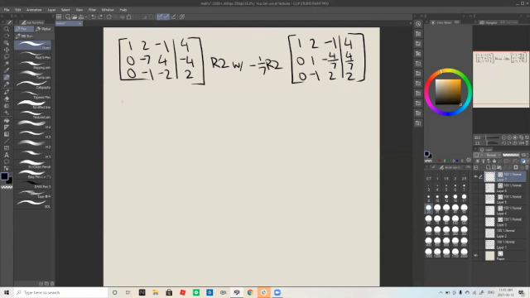So let me write this. We replaced row 3, so this row, with row 2 plus row 3.